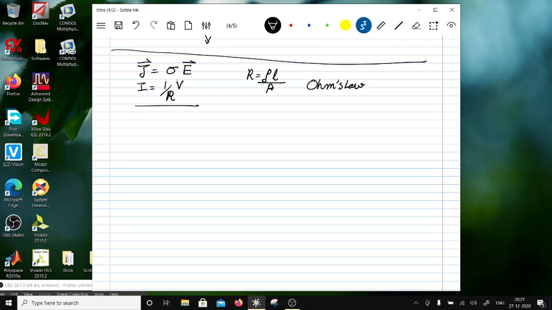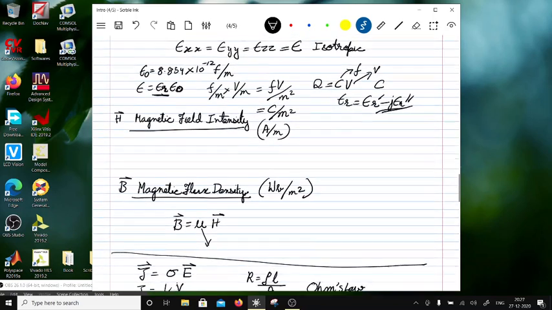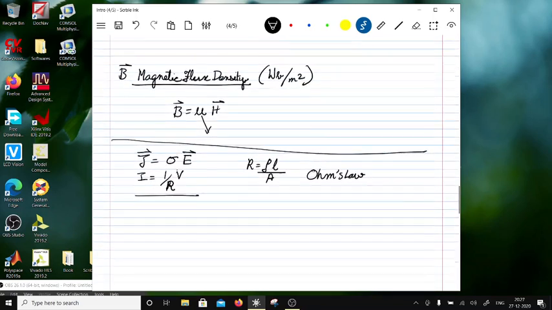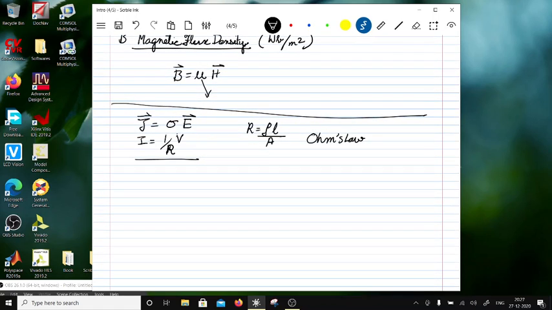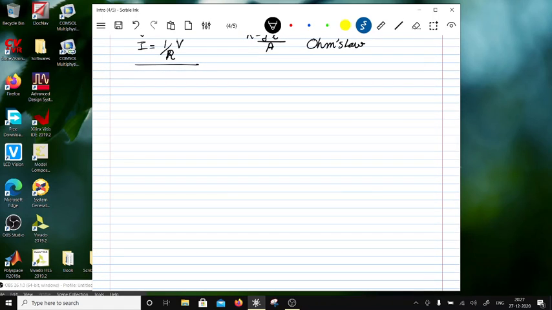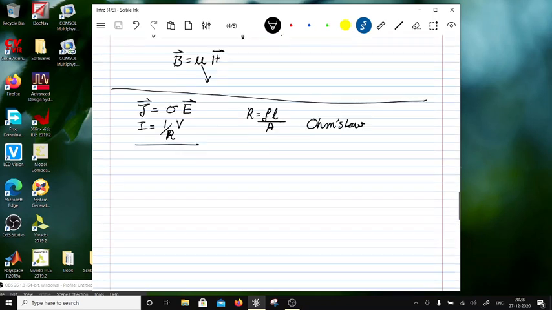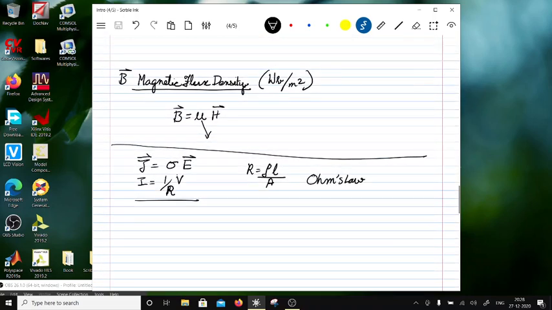Okay, is there a similar law for magnetic currents? Answer is no. Why? Because magnets are always dipoles. So if a south pole is flowing and a north pole is flowing together, that means the total flow is 0. That's the reason we do not have Ohm's law for magnetic current.